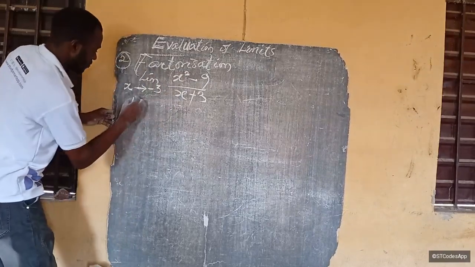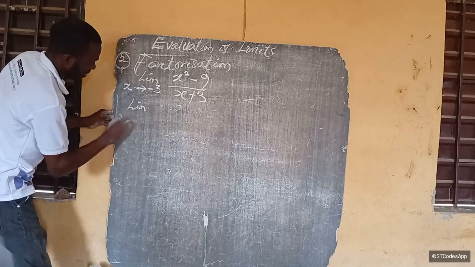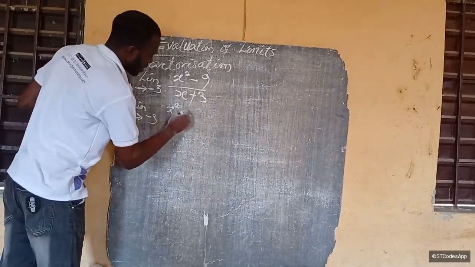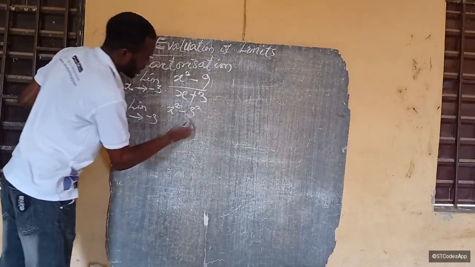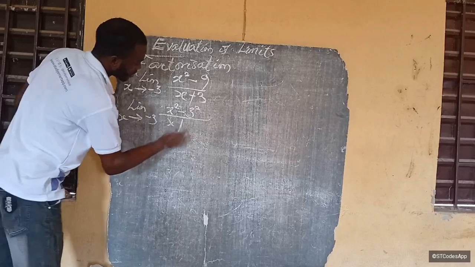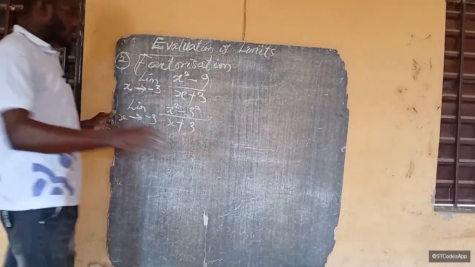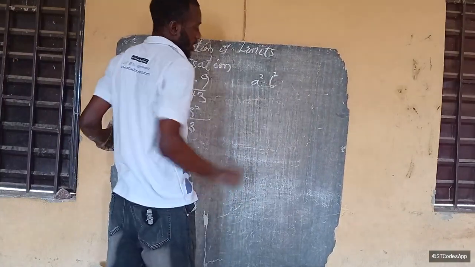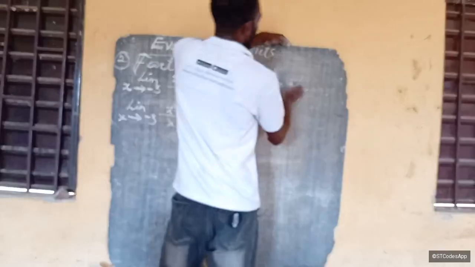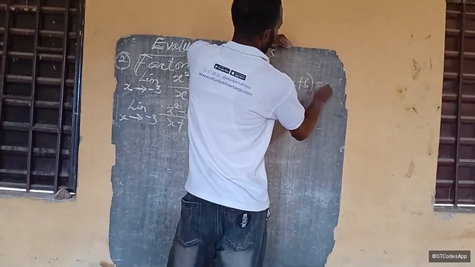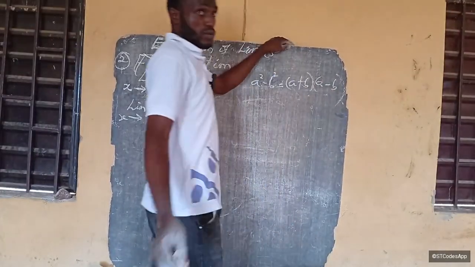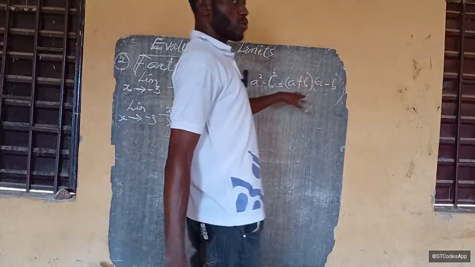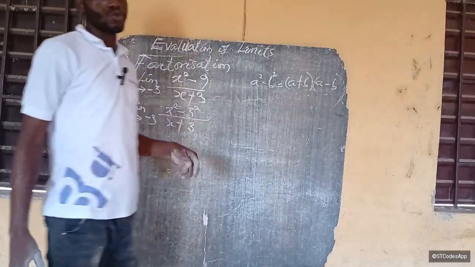This can be written as the limit as x approaches minus 3 of x squared minus 3 squared over x plus 3. And recall that if I have a squared minus b squared, this is going to become a plus b times a minus b. That is, if you multiply these two conjugates, you are going to get a difference of two squares.